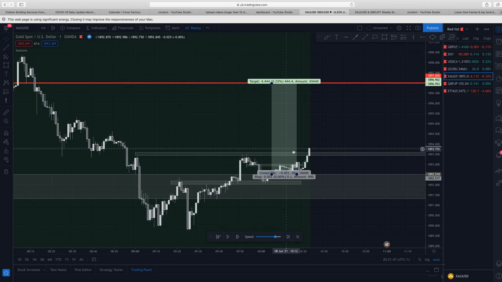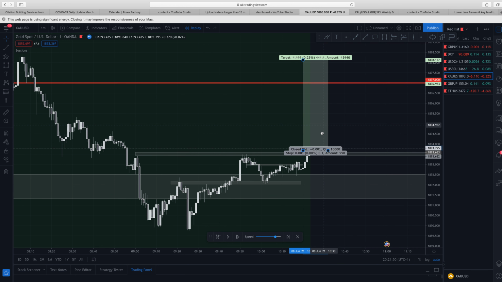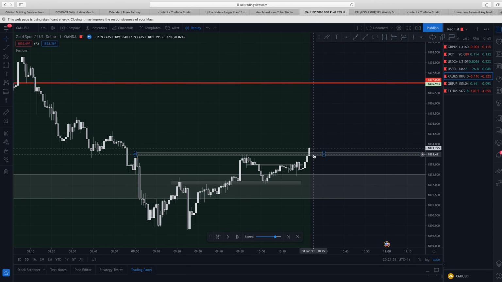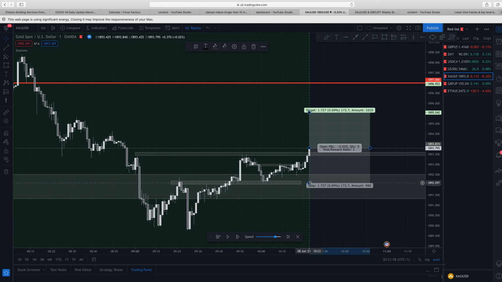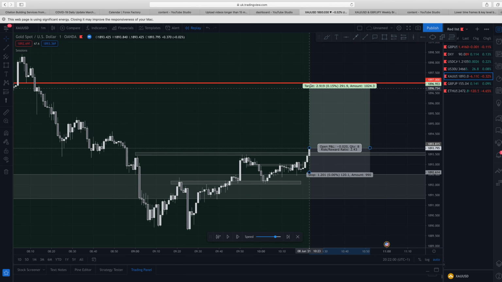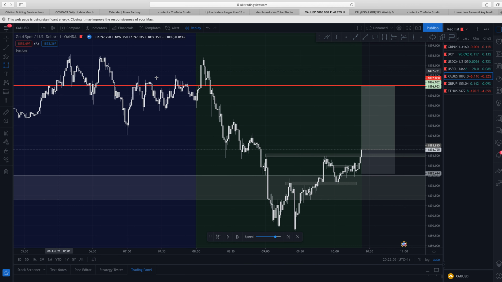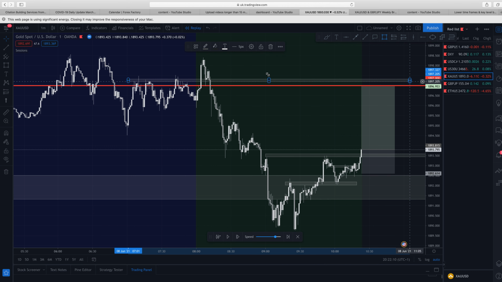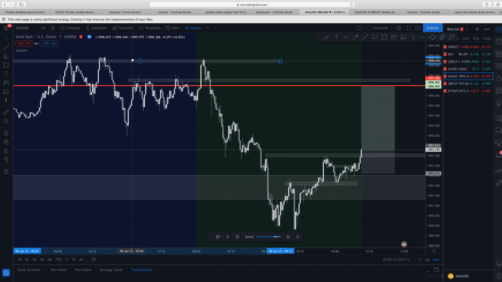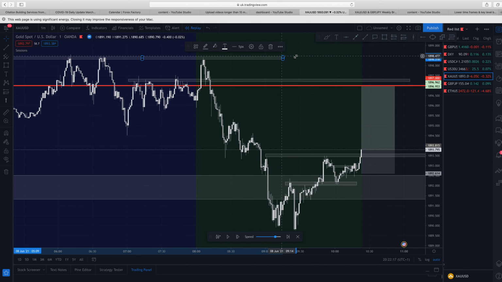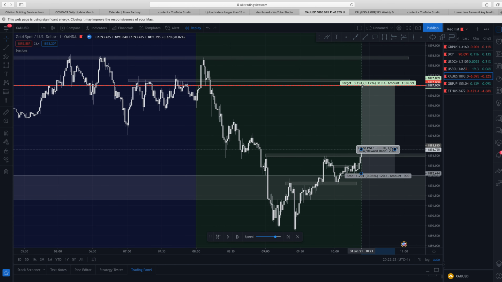There we go. First TP here, and then watching for these sensitive price areas above these, just above the key level, waiting for potential forms of exhaustion around these levels.